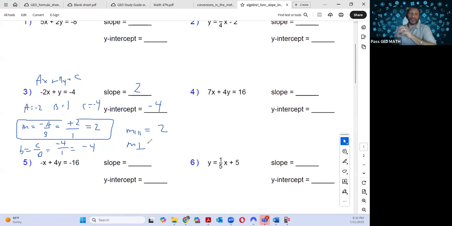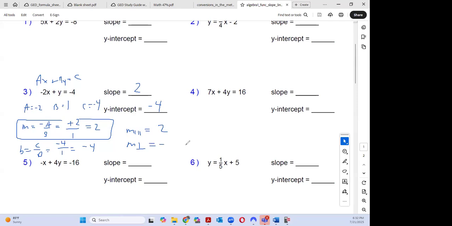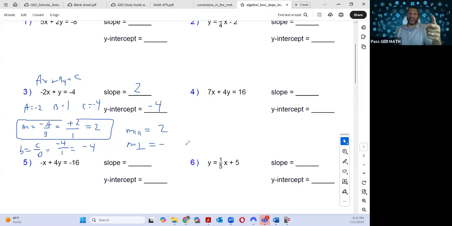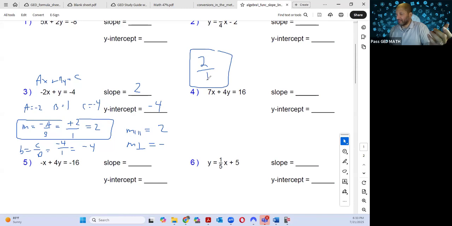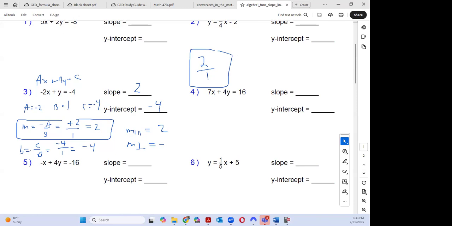So since my slope is +2, my slope of my perpendicular has to be negative. Now, where people get confused is when you flip. How can you flip 2, Mr. Tinsley? Why do you flip 2? Because 2 is the same as 2 over 1. So now I can flip it. Hold on for 1 second. I'm sorry, it's 1/2.